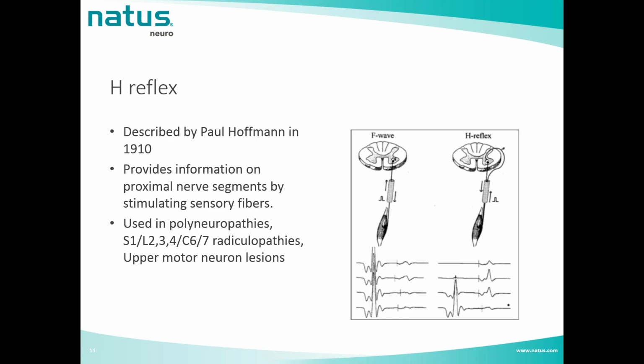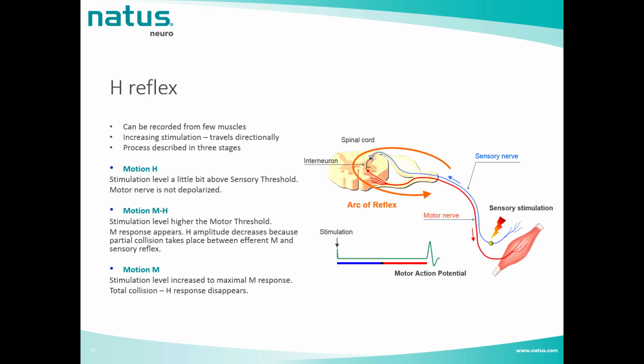This kind of technique is used in polyneuropathies, in radiculopathies, mainly on S1, but there are also options for L2, 3, 4, C6 and 7, and it's also used for upper motor neuron lesions. The H reflex cannot be performed on any kind of nerves and muscles.